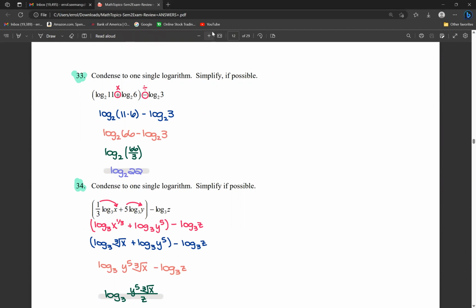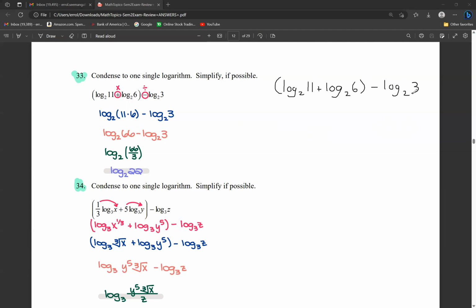All right, let's write the original question. Log base 2 of 11 plus log base 2 of 6. Let's just solve that part first, and then you've got the minus log base 2 of 3.